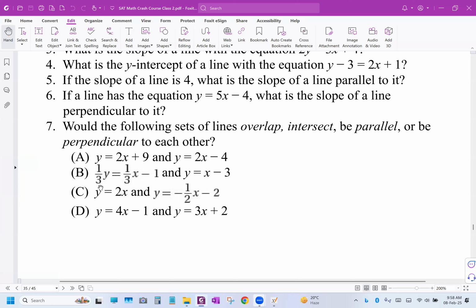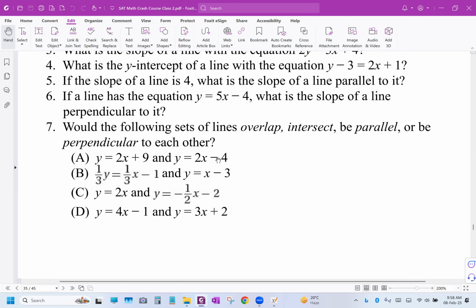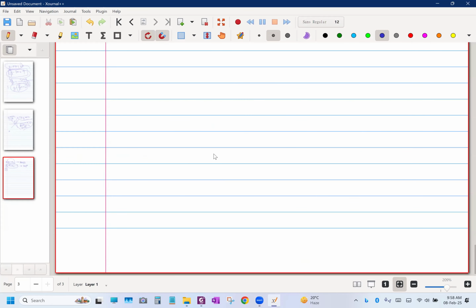Most importantly, they are not overlapping each other because they have different y-intercepts: this is plus 9 and this is minus 4. Which means that they are parallel, but they are not overlapping.